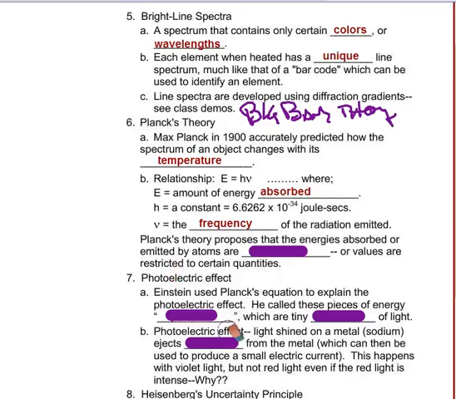Now, Planck's theory proposed that the energies absorbed or emitted by atoms are quantized. In other words, their values are restricted to certain quantities. They're sort of like M&Ms, where instead of having this huge vat of chocolate, you take a little bit and wrap it in candy, and it is called an M&M, a very specific amount of chocolate.